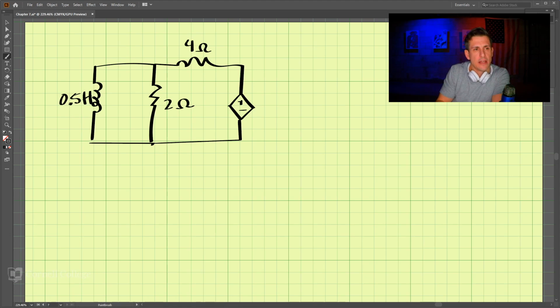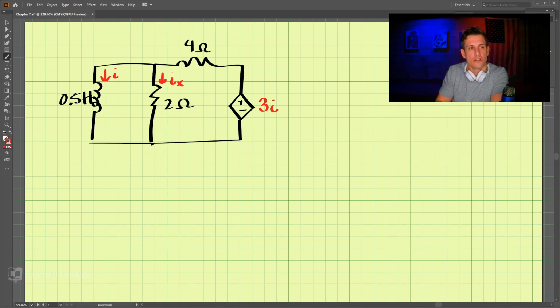We have several currents here. We want to know what I is, and what this current is, which is labeled IX. And this voltage source is 3 times I.